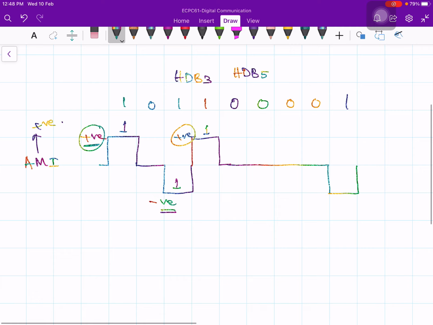And then we will draw this HDB3, high density bipolar n codes, where n is the parameter of the code.